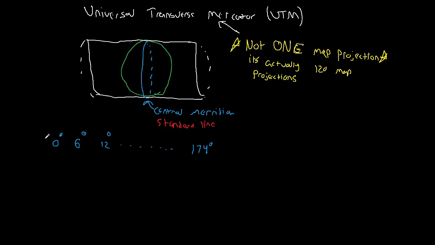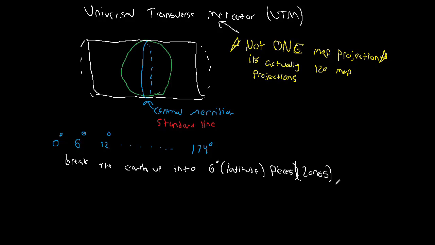So the idea here was that if we break the Earth up into 6 degree, and this is by latitude, pieces, which we call zones, each zone is its own map projection.